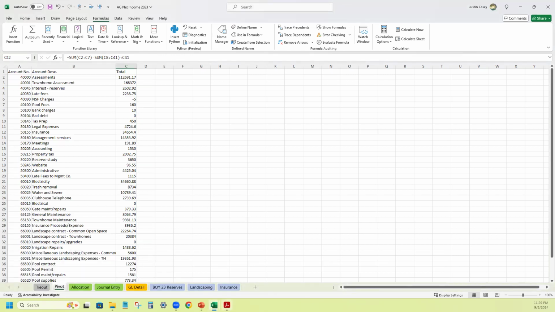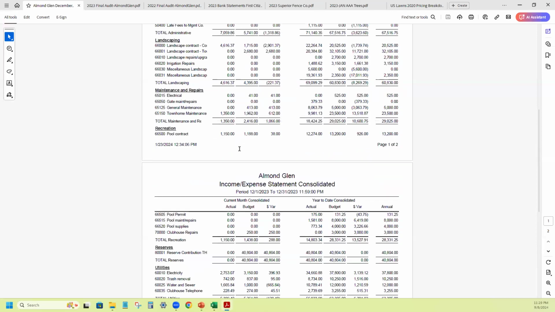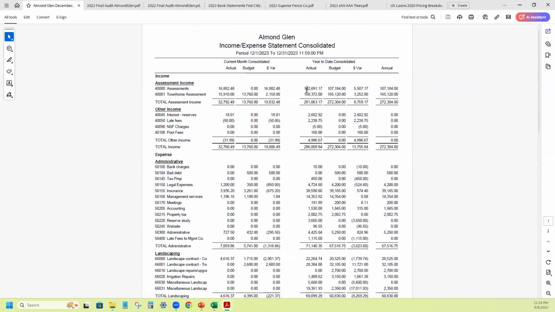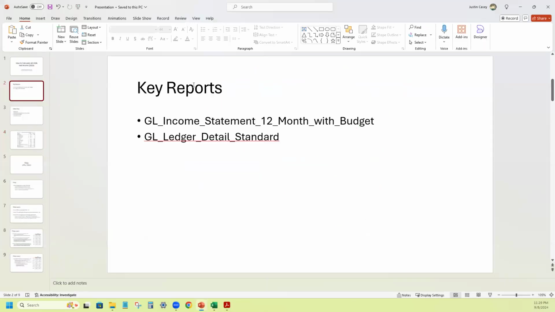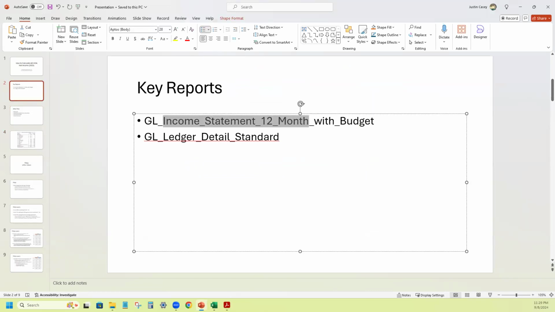So the first thing to do is to get this document here in Excel, right? You can't really do good data analysis off of a PDF document. So this is back to one of the key reports that AMG gives us, which is a GL income statement, 12-month budget.